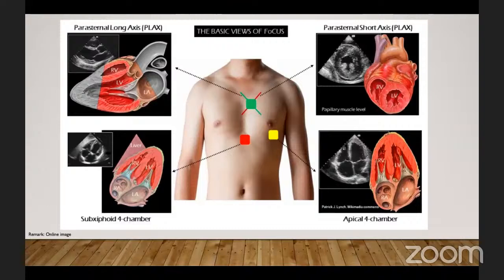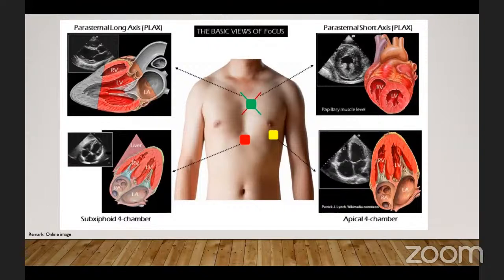From the same position of the probe and the same direction, from 9 to 11 o'clock most of the time, if you tilt your probe a little toward the right side, you might get the right ventricular inflow view. And if you tilt it a little toward the left side, you might get the RV outflow, which is the pulmonary artery.